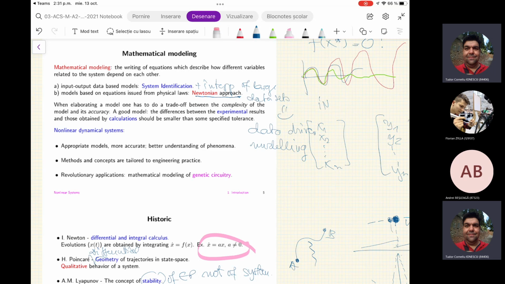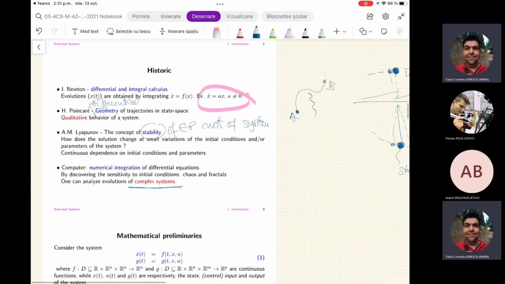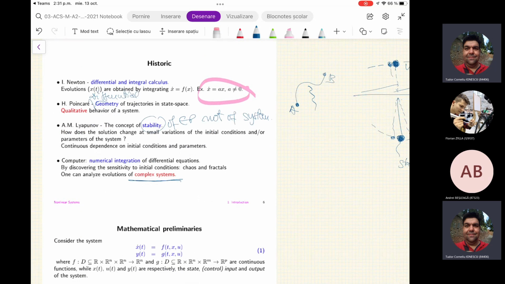And it's a big field, and my colleague, Professor Radu Ștefani, is working quite a lot in this area. We are going to present ourselves a little bit of biological stuff in this respect.